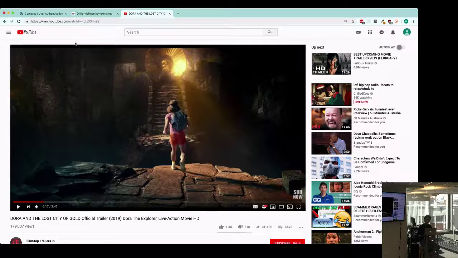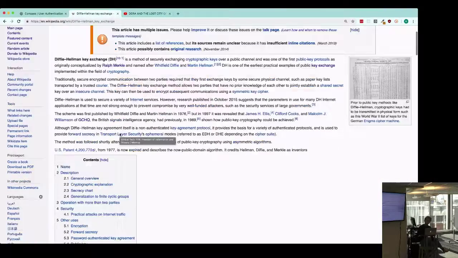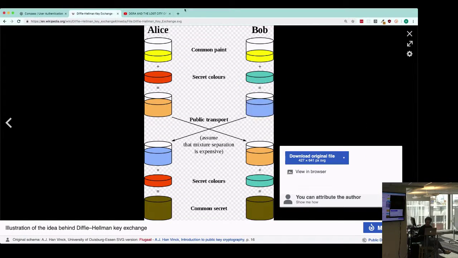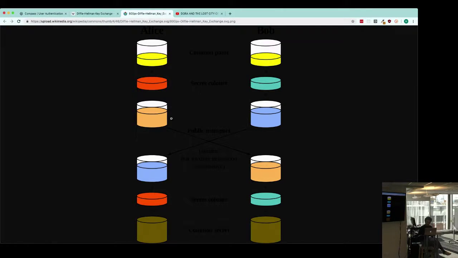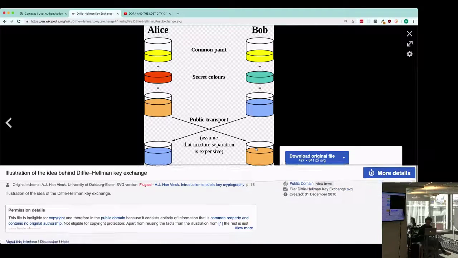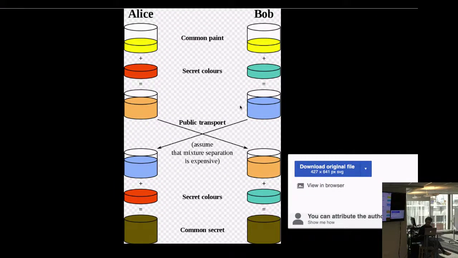If anybody wants to go watch live-action Dora with me, hit me up. So, the Diffie-Hellman key exchange has a really interesting picture that'll help us understand what's going on. Can I open this image in a new tab? Is it visible? Oh my god, that's not legible at all. Okay, so here are some names, as I'll call them, actors in our scene.